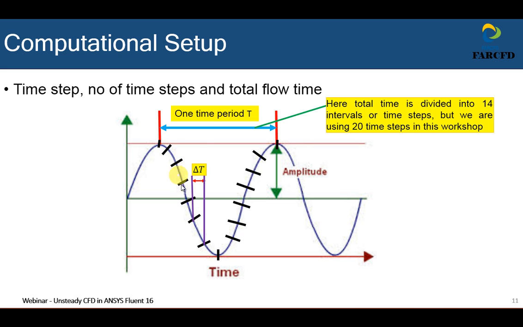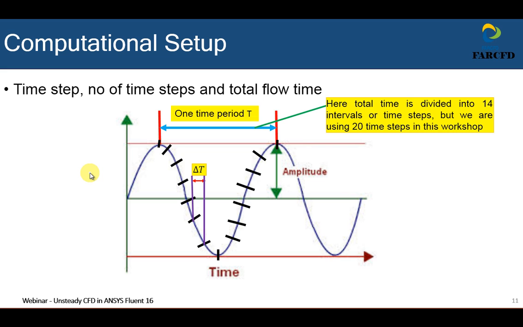Please note this is just an example, but in our case we have used 20 time steps. Just for brevity of illustration, we have divided this into fewer segments. We call this the time step, or delta t. You can see if we divide this curve, between two peaks, into more segments, we will be able to reproduce the curvature more precisely. This is the basic logic behind selecting the time step for any unsteady CFD.